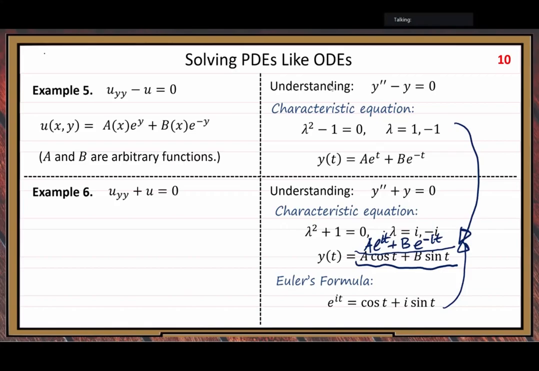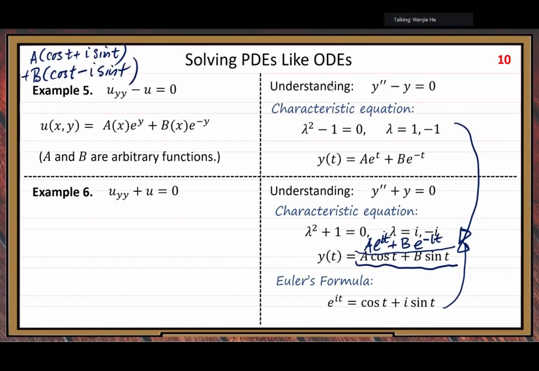And then for A, we apply Euler's formula: cosine t plus i sine t. And plus B times cosine t minus i sine t. Okay with this one?